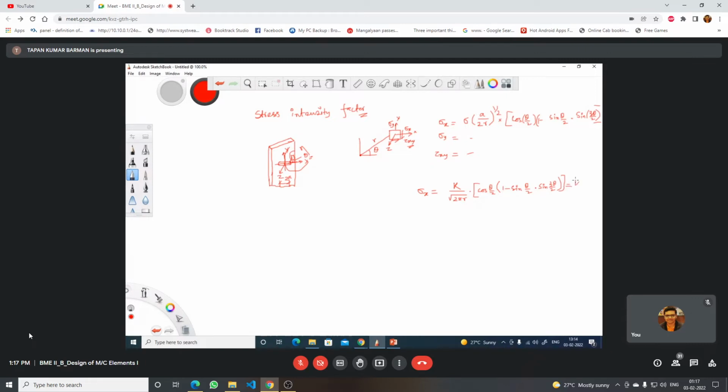So basically this is K by root 2 pi r and one function of theta.